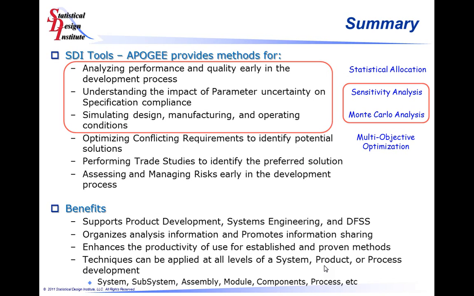Basically, we've used this approach to support our product development, systems engineering, and design for Six Sigma activities. We've analyzed this particular circuit design, which could be the end product that we're developing, or a component within a larger system that we'll be analyzing. And we see now what we can do to improve the design and hopefully get to a better performing result to satisfy the needs of the stakeholders.